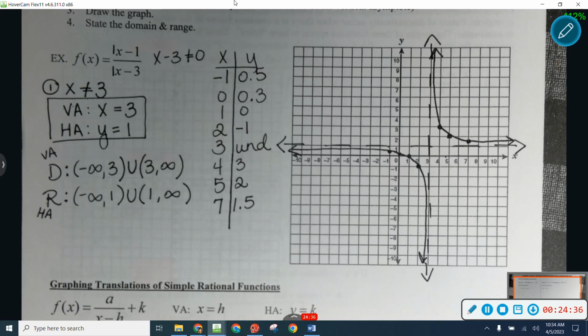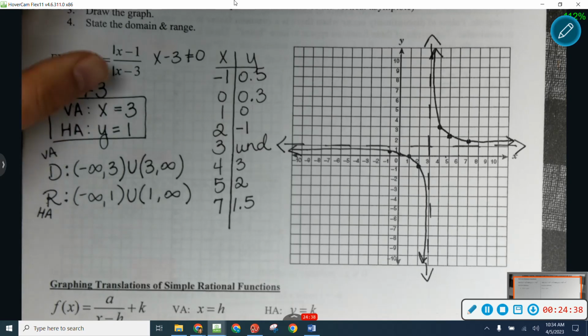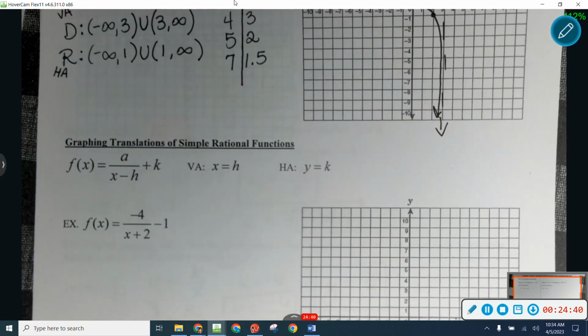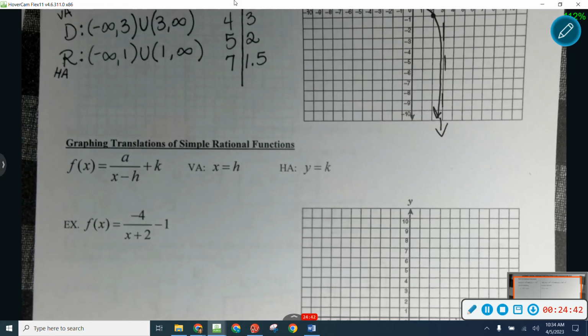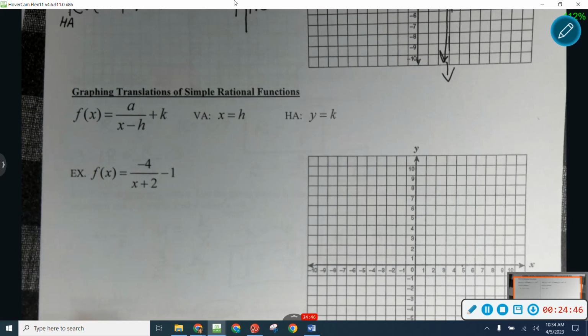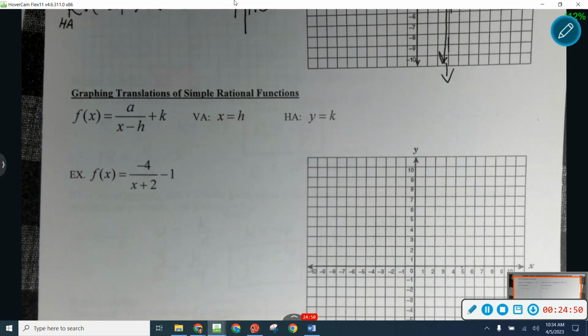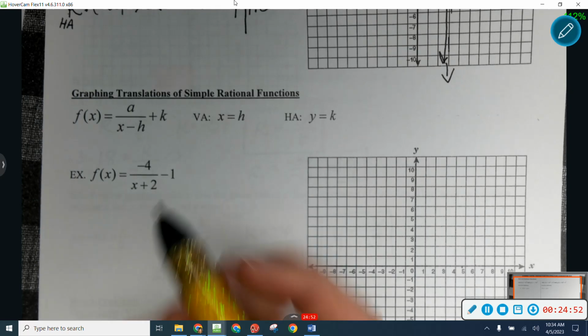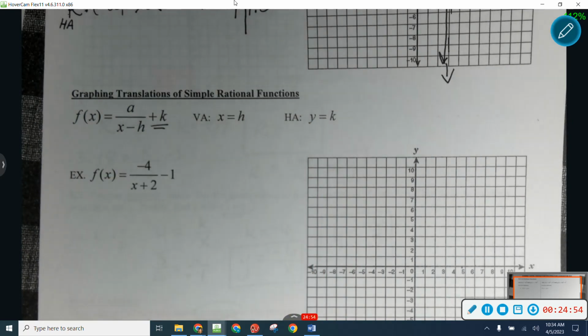You're good with that? Alright, so now, what if we have transformations? Every single function you have a transformation, okay? So now what if it looks like f of x equals a over x minus h with a number tacked on at the end, okay? If you have something tacked on at the end, you're no longer going to do your horizontal asymptote based on the numerator and denominator degrees. Okay?